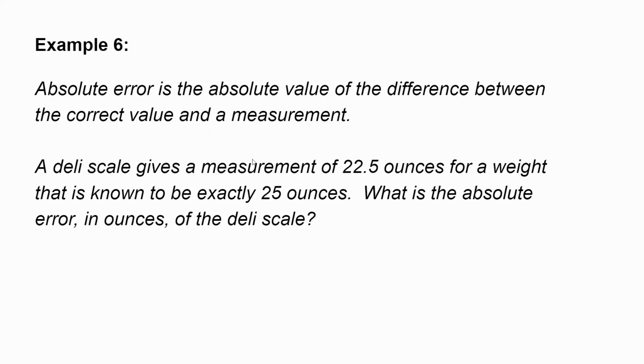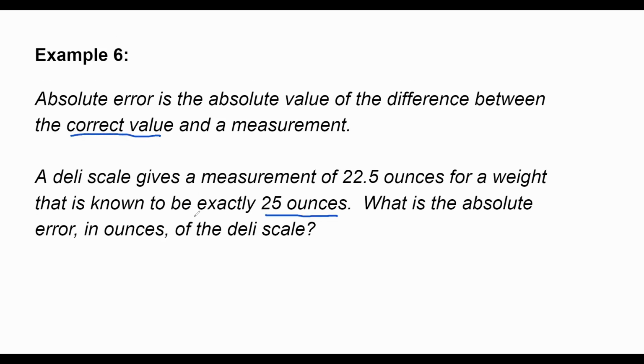A deli scale gives us a measurement of 22.5 ounces for a weight that is known to be exactly 25 ounces. So the 25 ounces is our correct value. We know that the weight should be exactly 25 ounces. The measurement coming off the scale, which isn't necessarily perfect, is 22.5. What is the absolute error in ounces of the deli scale?